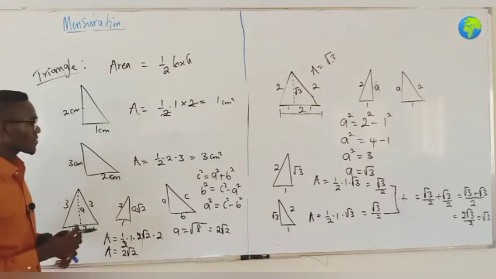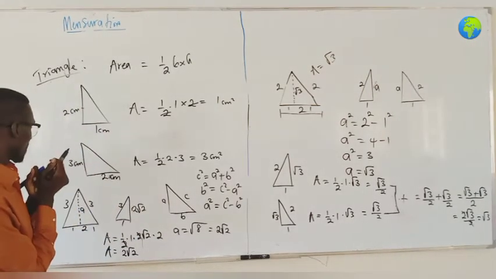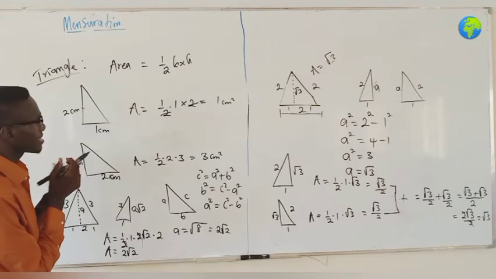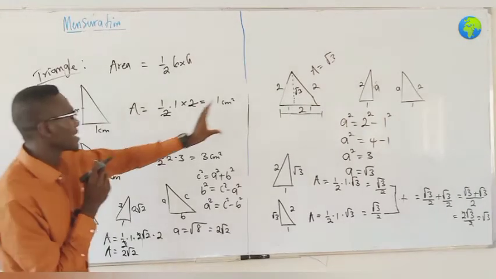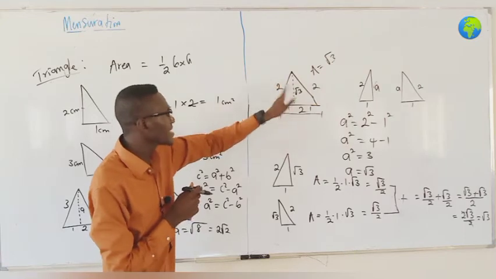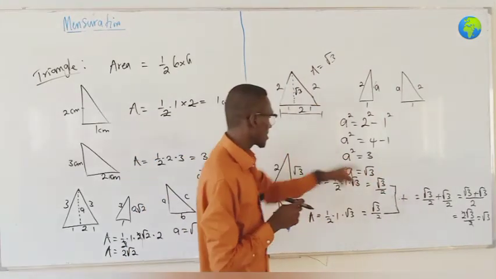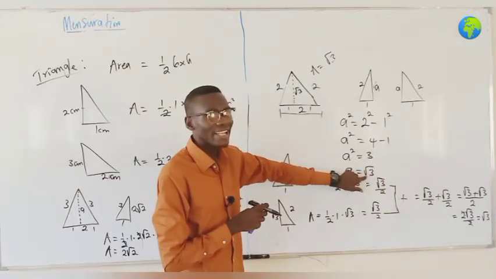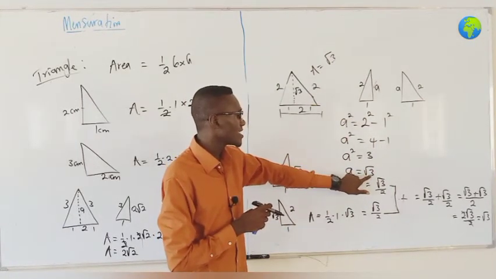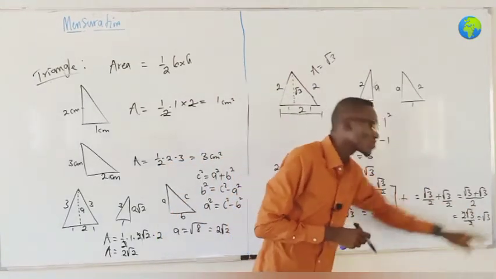As you can see, if you observe this very well, I actually observe something here, because look at this. When we were trying to calculate the area of this shape, calculating the height gave us the result to be square root of 3. Sorry, where is the height? We got the height to be square root of 3. And at the end, when we calculated the area, we got that it's also square root of 3.